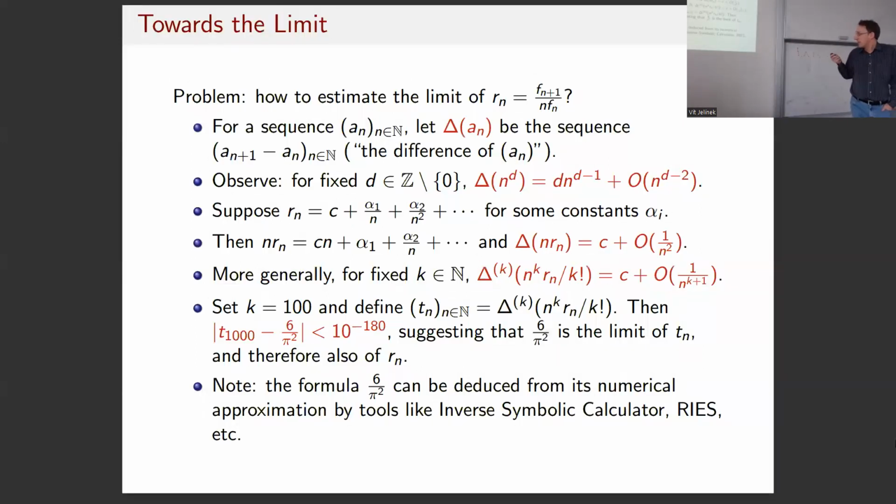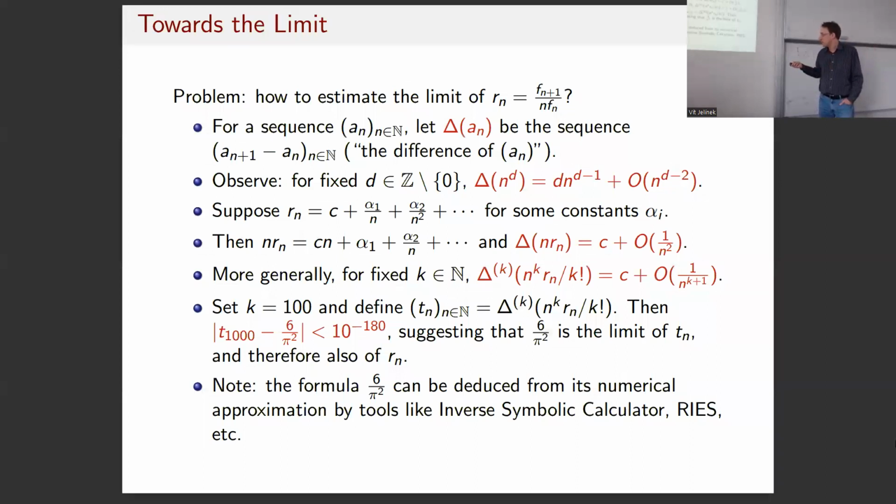I also remark, and that's something that Zagier does not mention, probably because it's well known, that if you have this numerical approximation, this kind of mysterious real number, and you wonder what might be the formula for the real number, well, there are tools for answering exactly those questions.